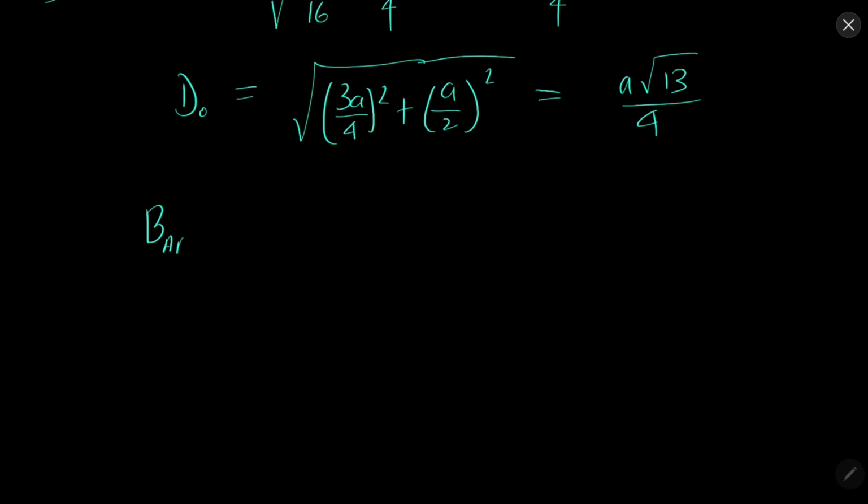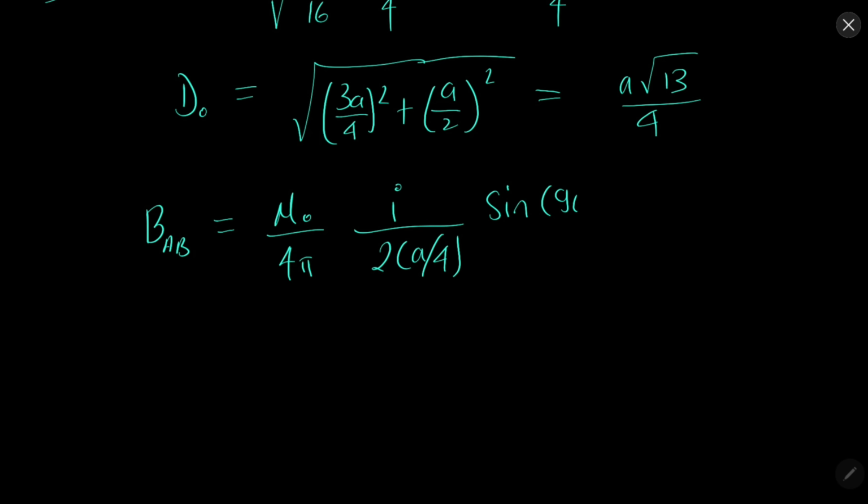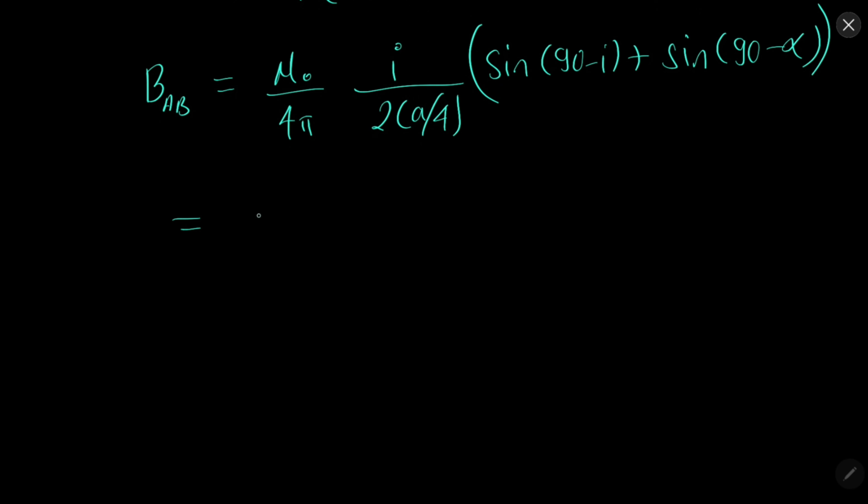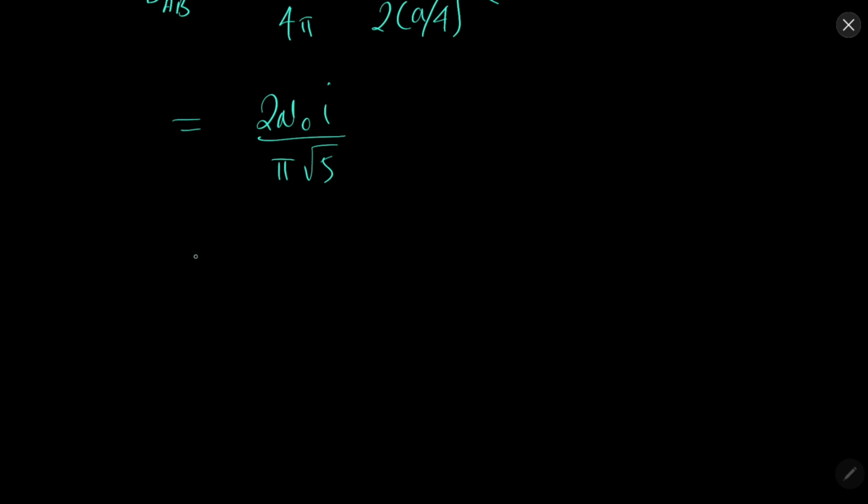Magnetic field due to AB will be mu naught by 4 pi I into A by 4, sin 90 minus alpha plus sin 90 minus alpha, which gives two mu naught I over 5 pi A root 5.